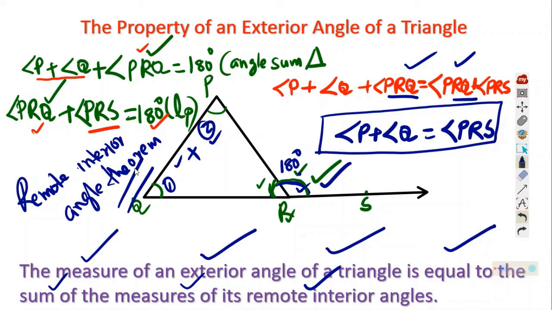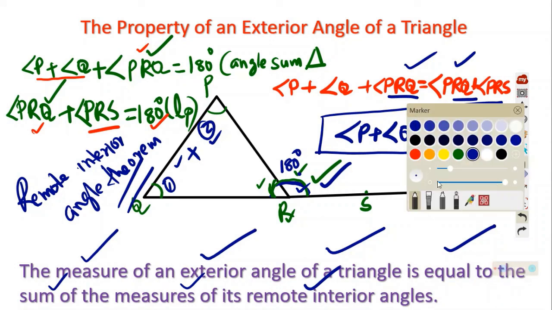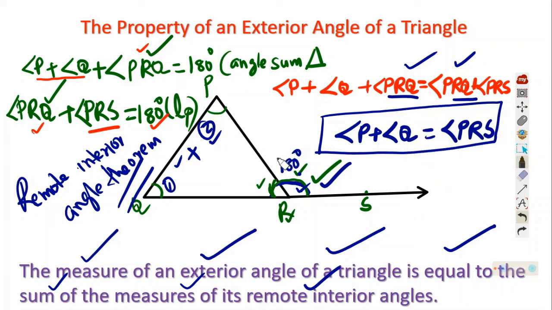The first sum is almost like this, almost a repetition of what is given over here. Here I wrote 180. Suppose the measurement of this particular one is equal to 140 degrees. तो हमको मालूम है ये 40 डिग्री है, ये 40 डिग्री है, तो 180 होना मांगते हैं ना triangle का inside.